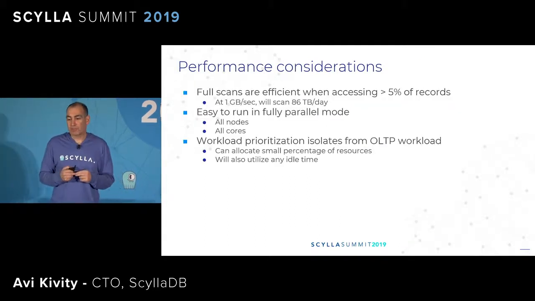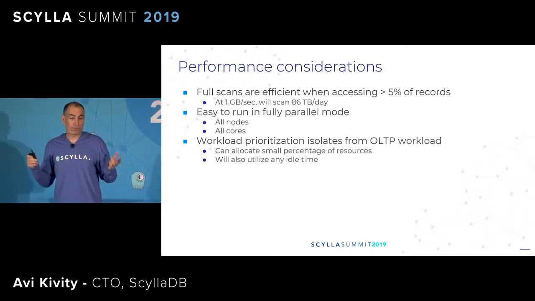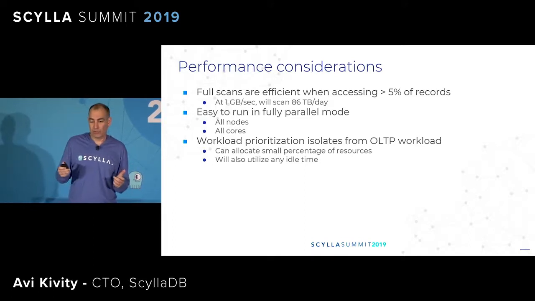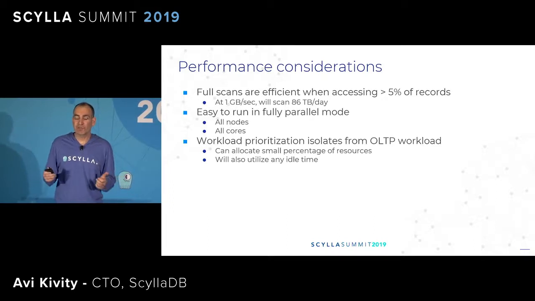So, performance considerations. Shlomi also talked about it. Full scans have a bad reputation of being slow or inefficient, but they're actually very efficient. They're very efficient at moving large amounts of data, and if you need those large amounts of data, then they're pretty fast.